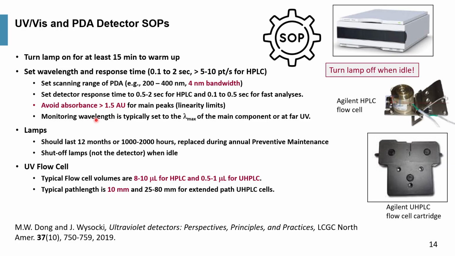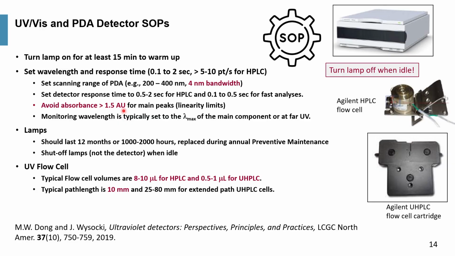Now, typically, we avoid absorbance over 1.5 AU, absorbance unit, for the main peak when you're trying to do a stability indicating assay. And the API peak, the active pharmaceutical ingredient peak, is your main peak. Definitely the main peak should not be saturating.